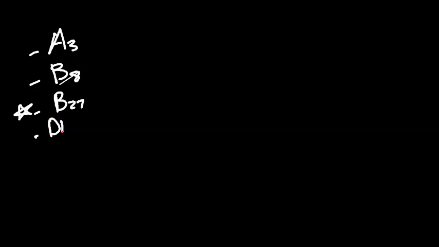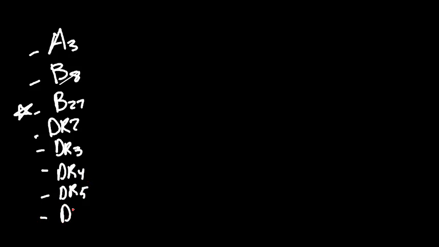Otherwise, we've got DR2, we've got DR subtype 3, we've got DR4, DR5, and we can also talk about DQ2. Alright, so I wrote all these out just so I can remember to prompt on all of these.